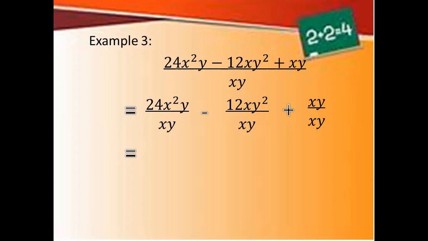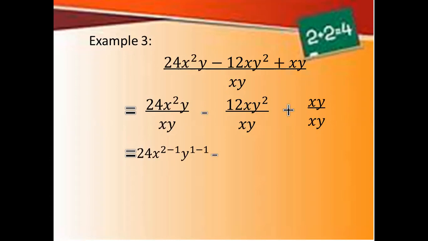All right. So as you can see in there, x and x. So therefore we have 24 divided by 1 is 24x to the power of 2 minus 1 and y to the power of 1 minus 1, right?